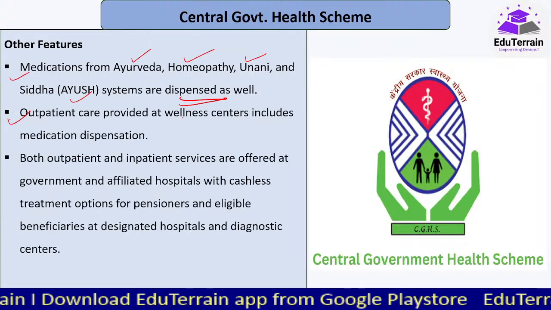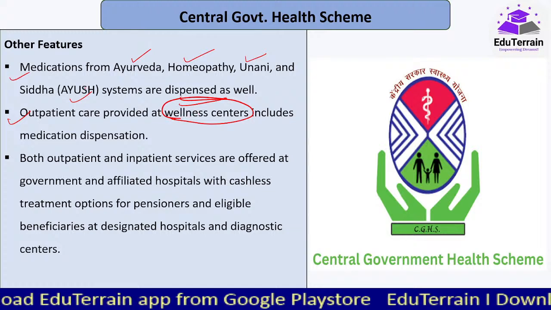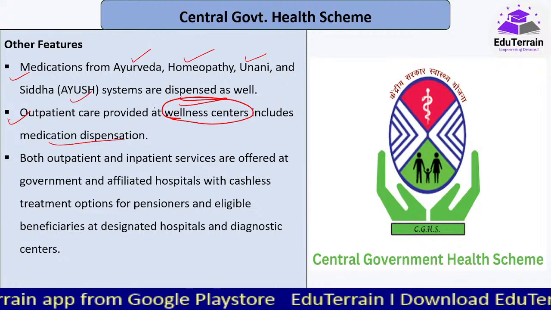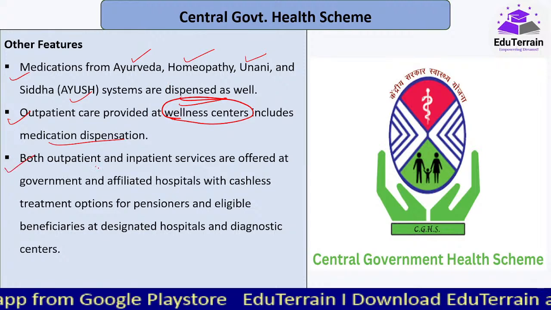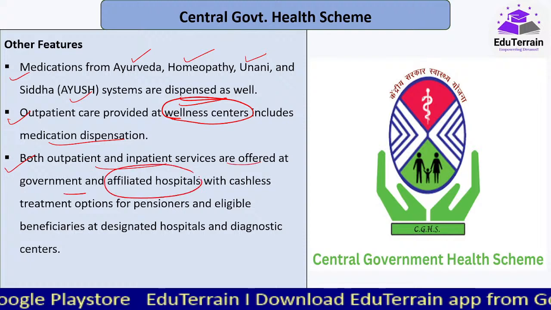Outpatient care is provided at wellness centers, the Ayushman Bharat wellness centers, including medication dispensation, that is free medication. Both outpatient and inpatient services are offered at the government and affiliated hospitals.